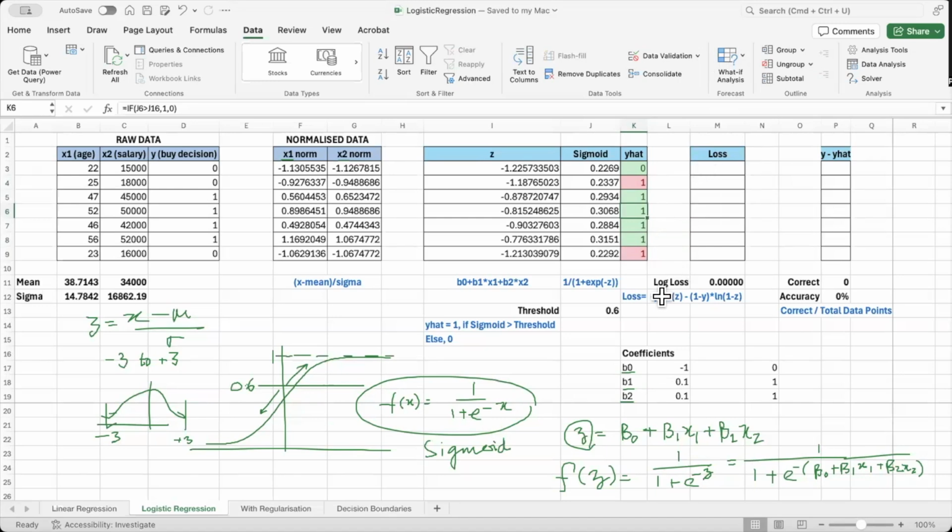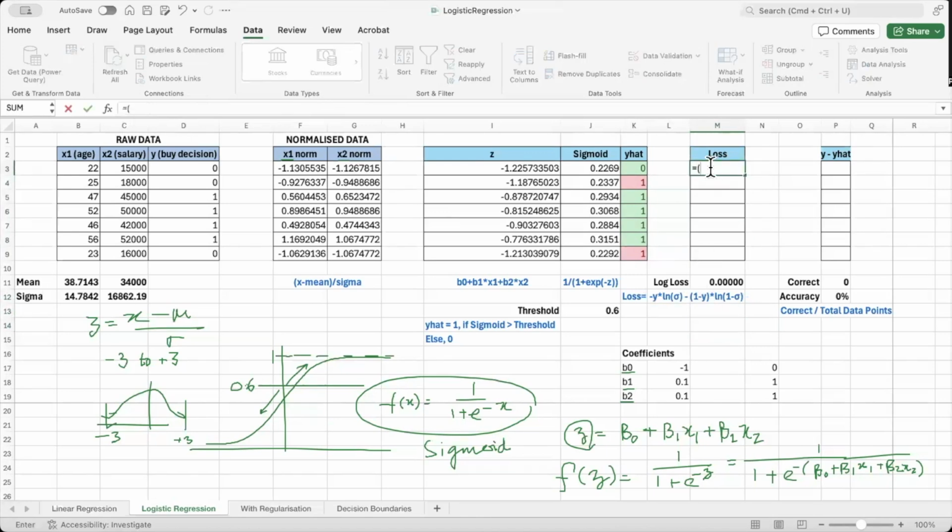In the case of logistic regression, the loss function is like this: minus y into natural log of sigmoid, minus 1 minus y into natural log of 1 minus sigmoid. The sigmoid is z. This is sigmoid, the sigma. So let me just correct this. Okay, so this is what I want to find. So I can plant this formula here.